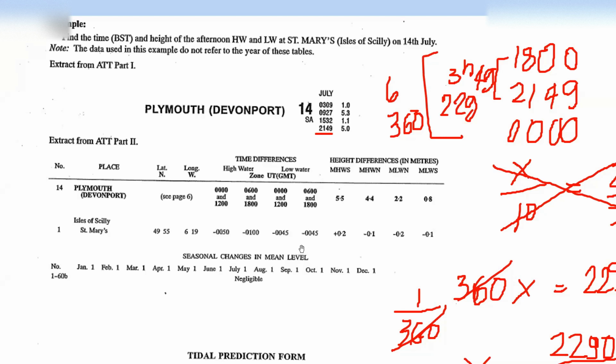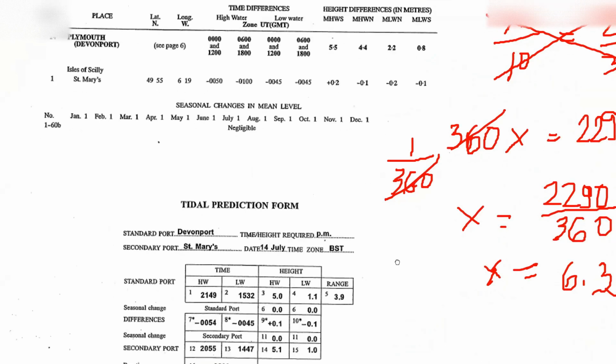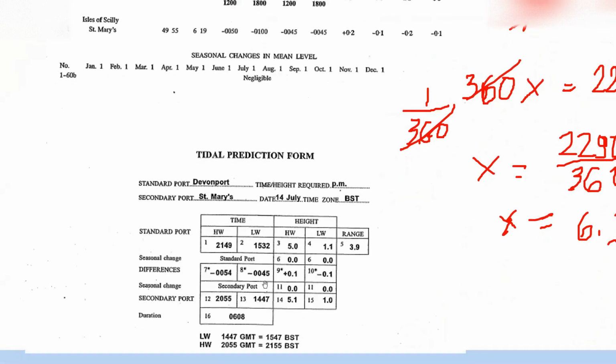Hindi na, because you will arrive at the same result. Kasi yun na yung equivalent niya doon sa isa eh. So, kahit anong ilagay mo dyan, pantay yan. That's why dito, mas madali na. Ilagay mo lang dito, yun na, minus 0045.